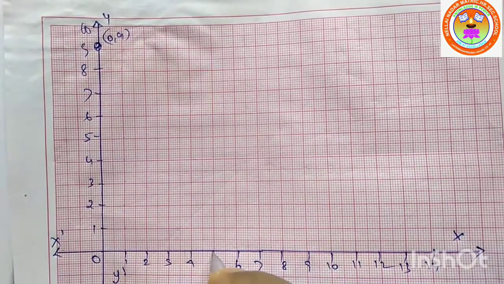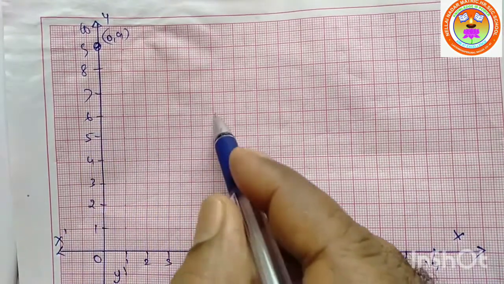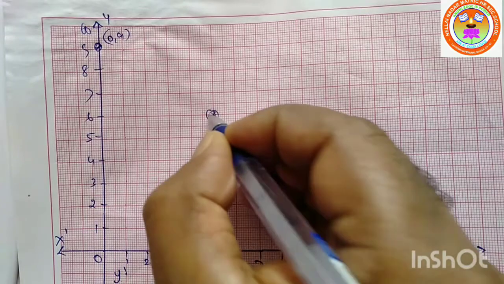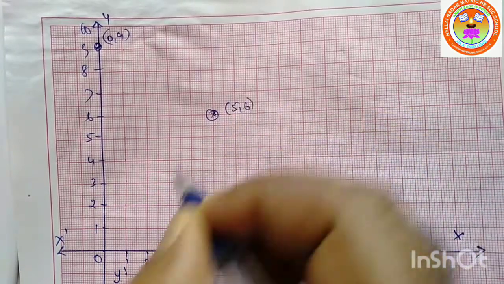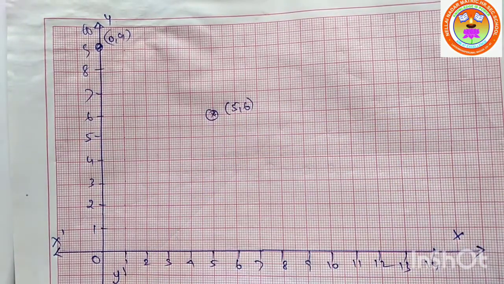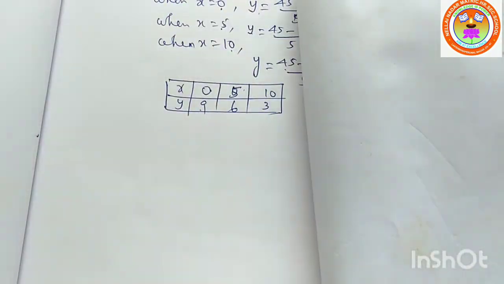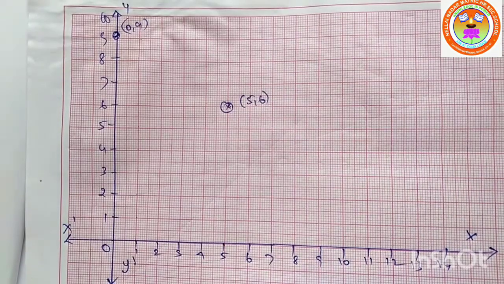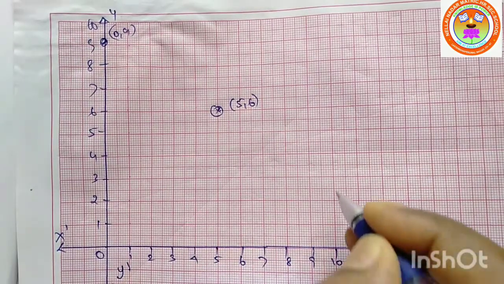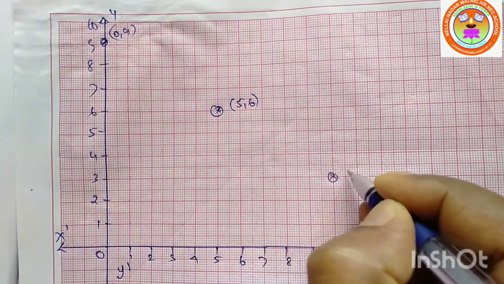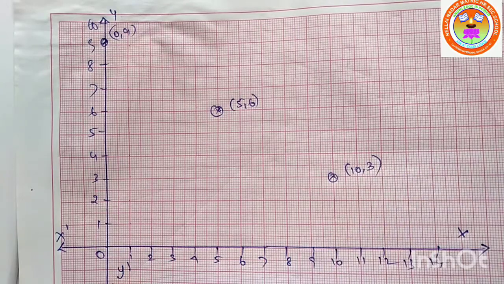So (5, 6). Then the third point. What is the third point? X value 10, y value 3. This is the point. (10, 3).